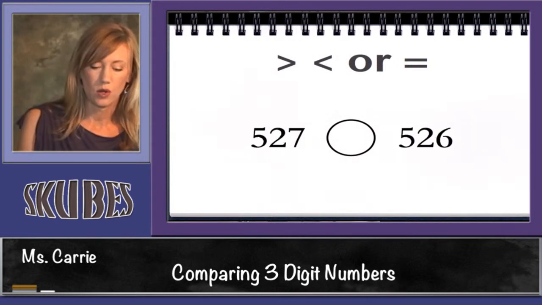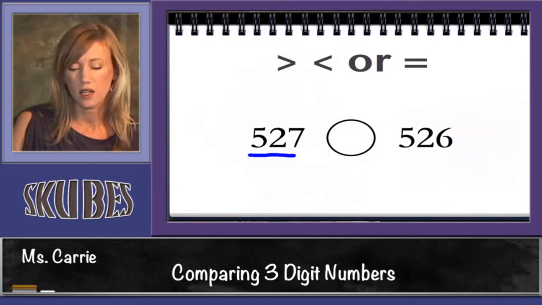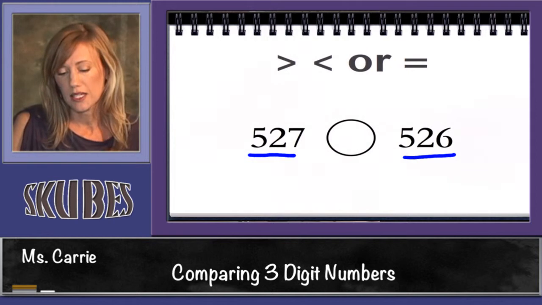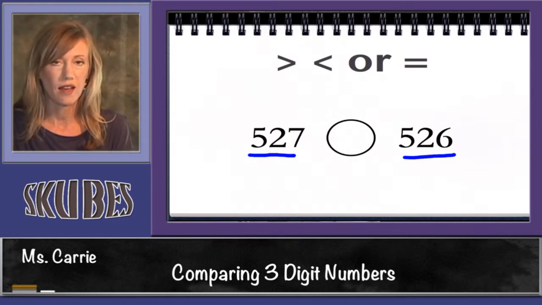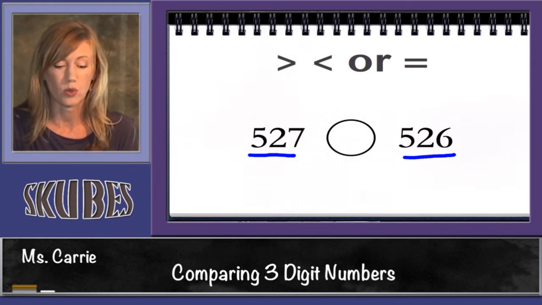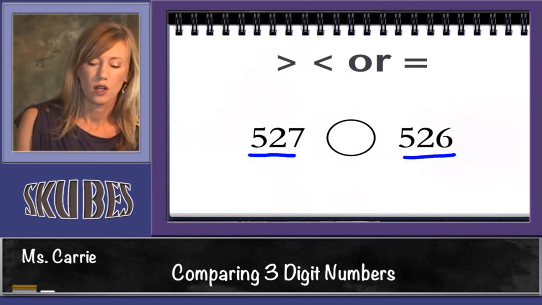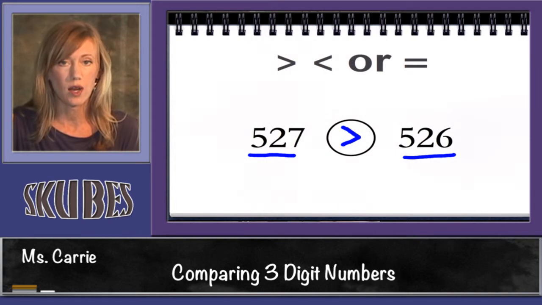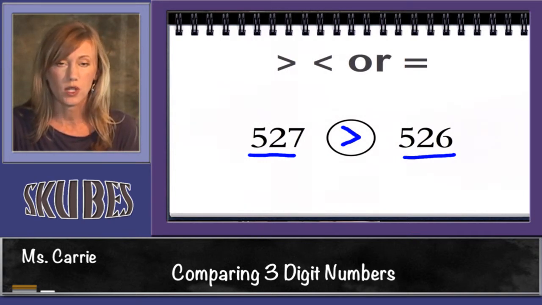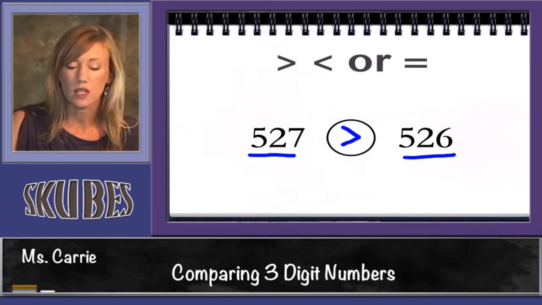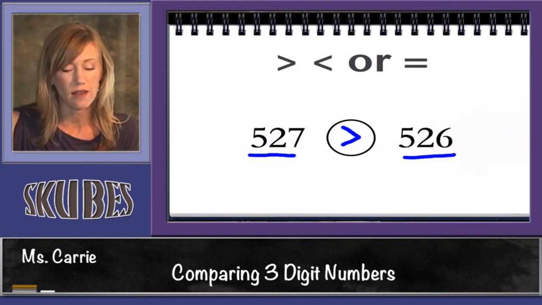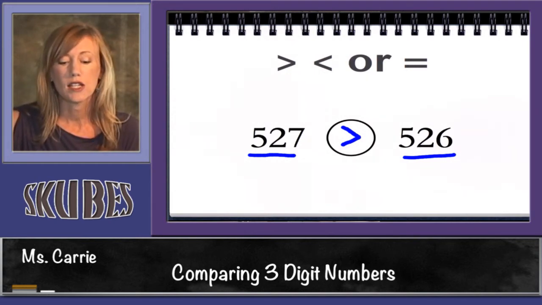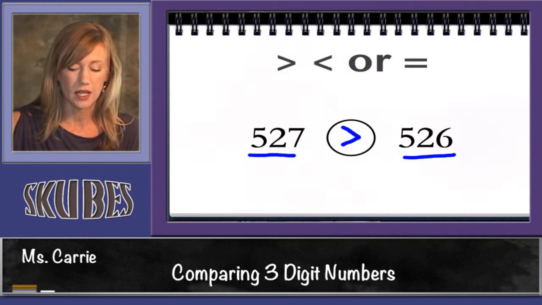Let's look at the numbers 527 and 526. Well, 527 is one more than 526, so it's greater. So we'll have the open part of our symbol pointing to the bigger number and the small point pointing to the smaller number. And we would read this always from left to right, and it would say 527 is greater than 526.